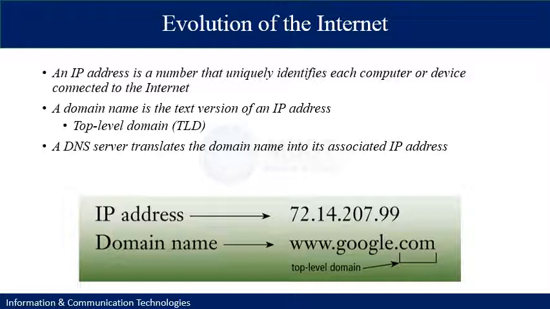Many servers have top level domains and lower level domains. The main type of server which allows a host to find other hosts is called the domain name server, or in short DNS. DNS contains the information about all of the IP addresses connected to the internet. So a DNS server translates the domain name into its associated IP address.